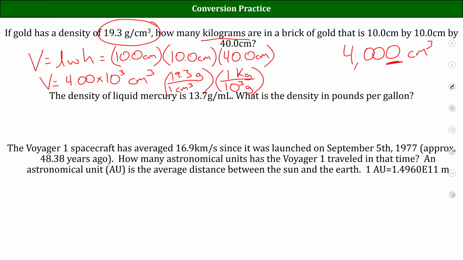So I'm plugging this into my calculator. Calculators don't understand sig figs, right? So when I'm typing this into my calculator, I might not go to the trouble of writing that all out in scientific notation. As long as I know that that's 4,000 and it's only 3 sig figs, you can type it into your calculator as just 4,000. And then we're gonna times 19.3 because it's on top, divided by 1,000 on bottom.